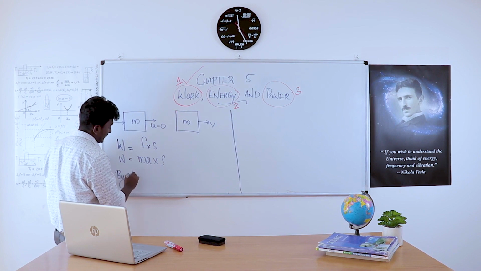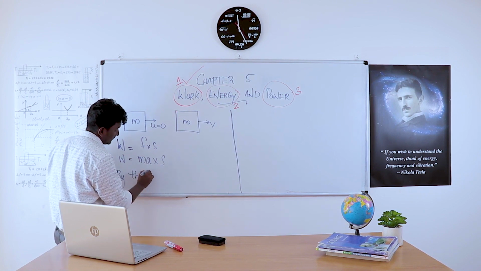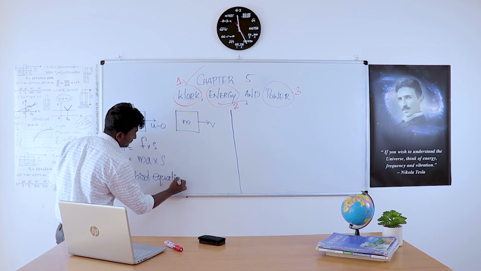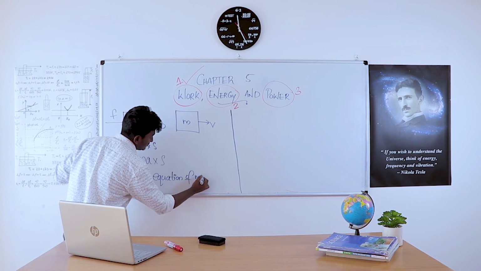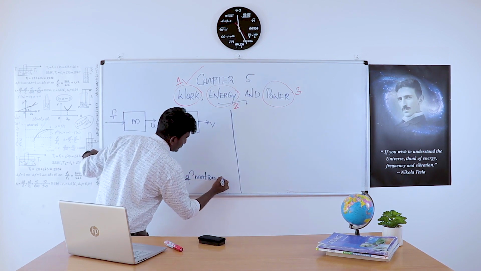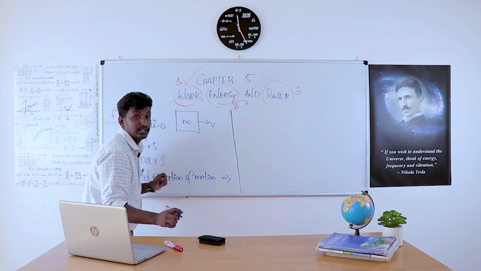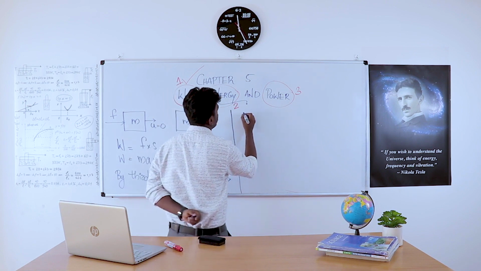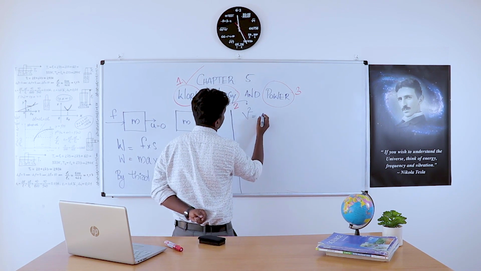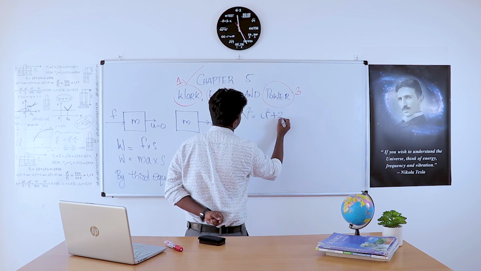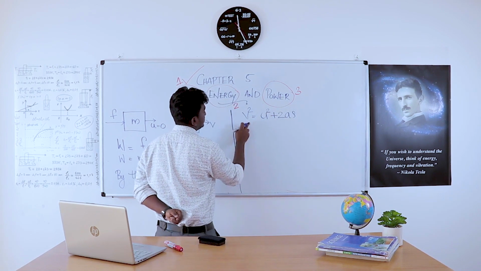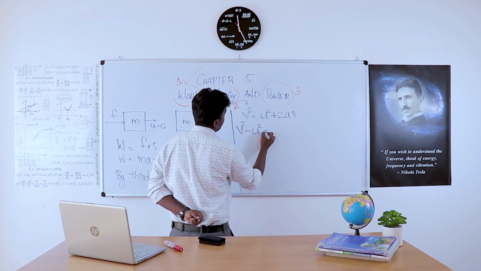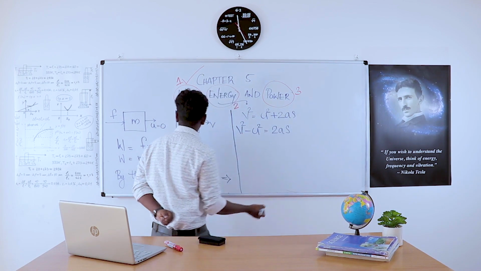Then by the third equation of motion, which was discussed in the first chapter, motion: v square is equal to u square plus 2as. Shifting u square to the left-hand side, v square minus u square is equal to 2as.